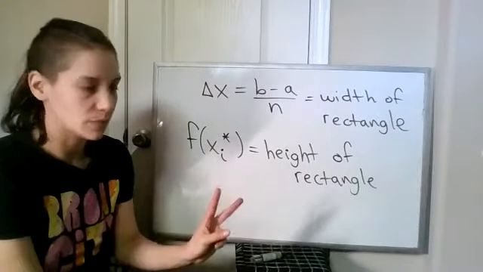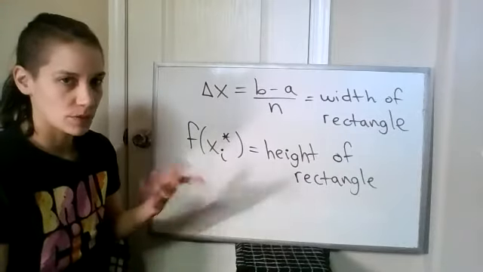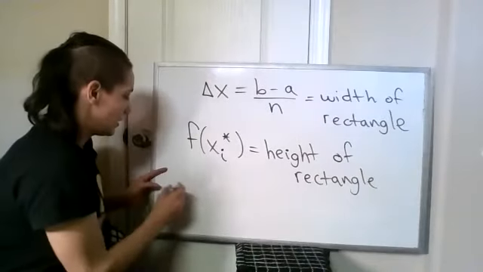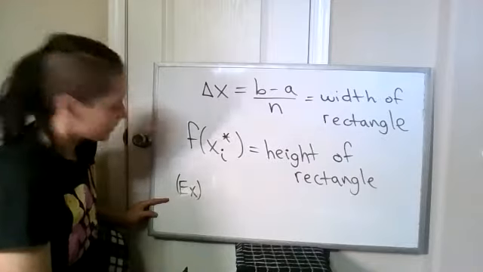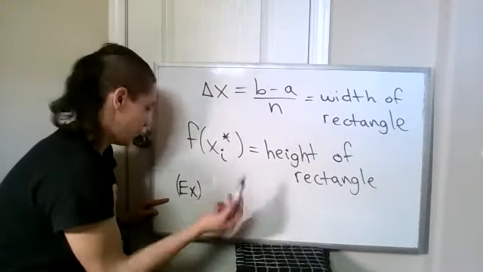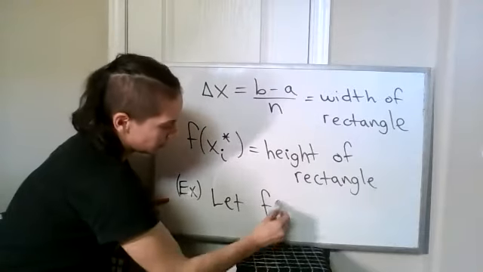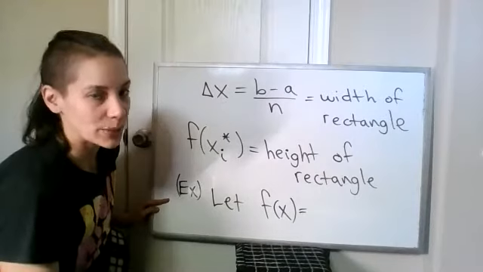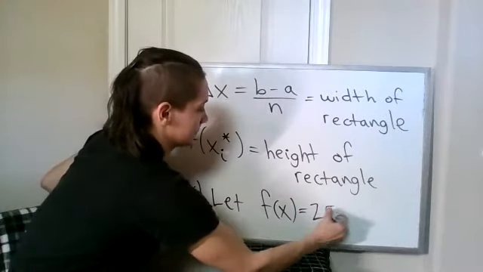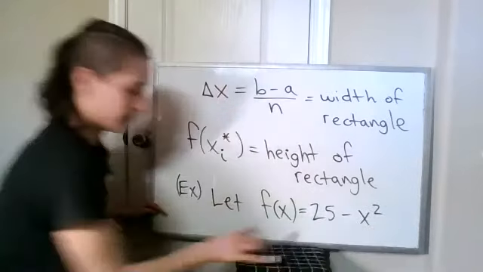So I've got an example broken into two parts. The function is f of x equal to 25 minus x squared. Okay.